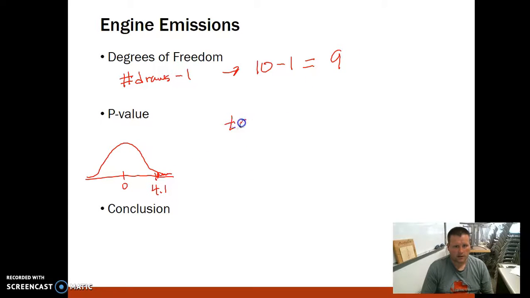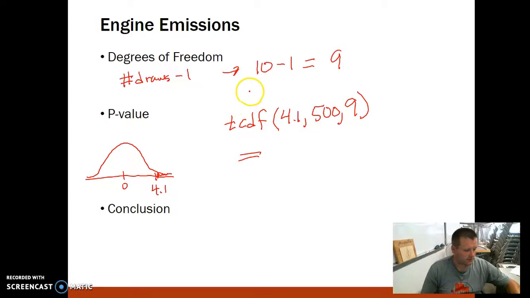So I'm going to go tcdf, and my lower bound, again, is 4.1. My upper bound is a very big number. And then my degrees of freedom, which is 9. Use my calculator. I would do this along, like I showed you on the calculator just a minute ago. And let me just do this really quick. I don't have this one on my paper.